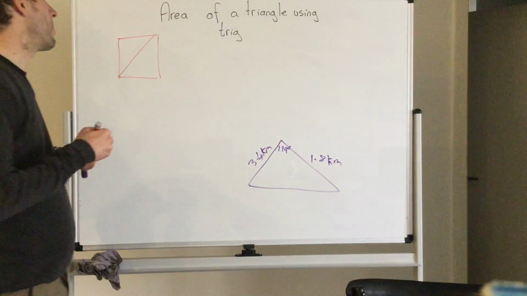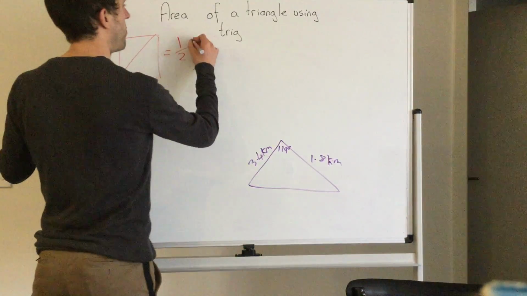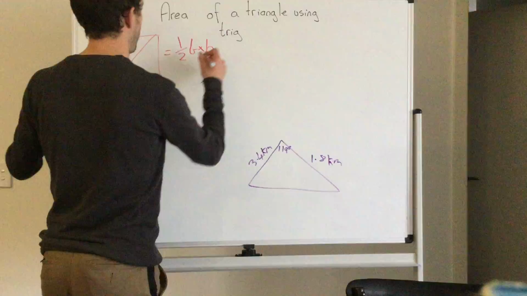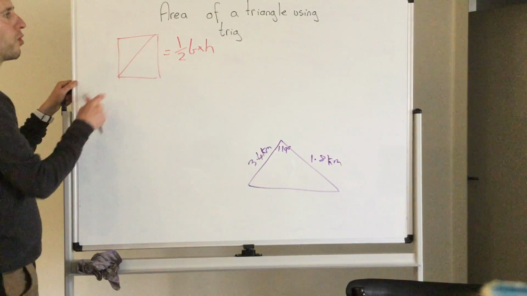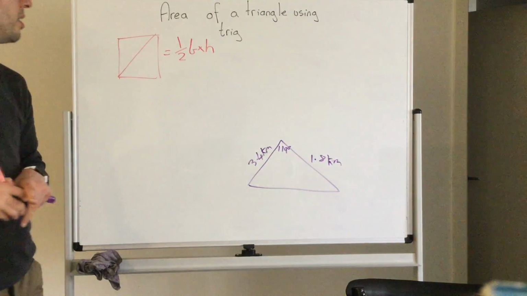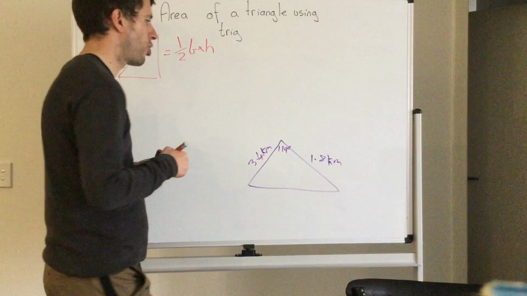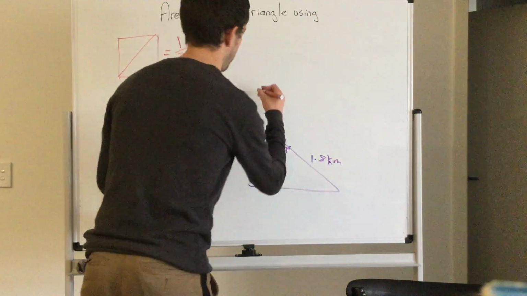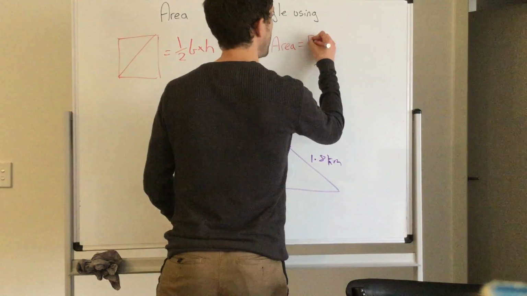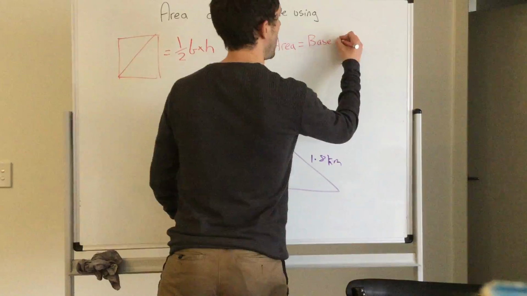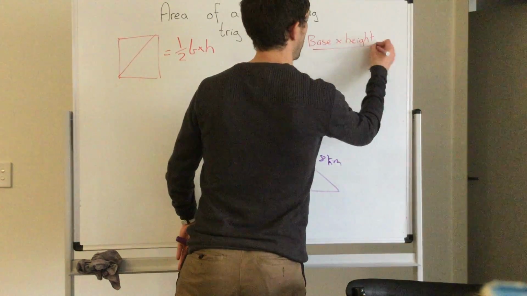So we normally go, well, it's half base times height, because base times height divided by 2 and we get the triangle. So if we are thinking about that, we are using two things to get the area. We are using the base and we are timesing it with the height, and then we are dividing it by 2.